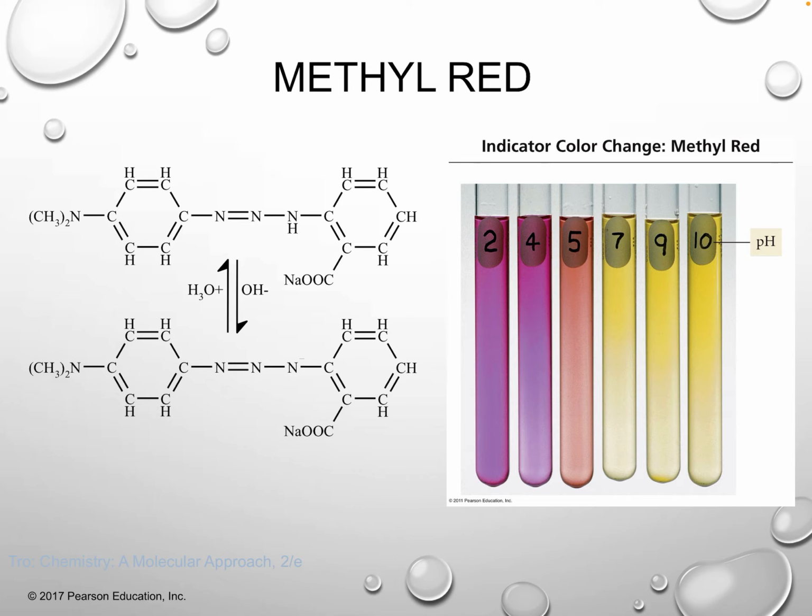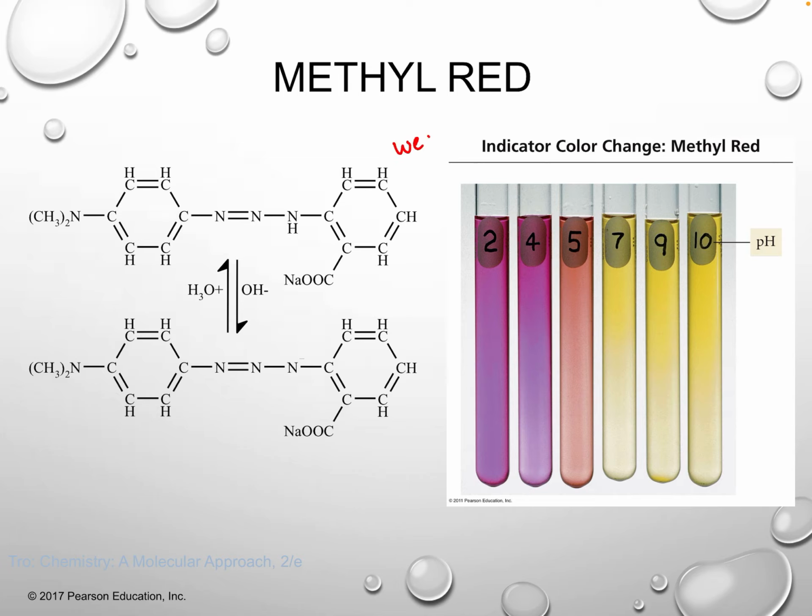Methyl red is a different kind of indicator. It's kind of a pinkish red in acidic solution, and it's a yellow or yellow-orange in a basic solution. And it will change color closer to like 5 or 6. So again, it wouldn't be ideal for a strong acid, strong base solution because it doesn't change color at 7. It changes color slightly below it.